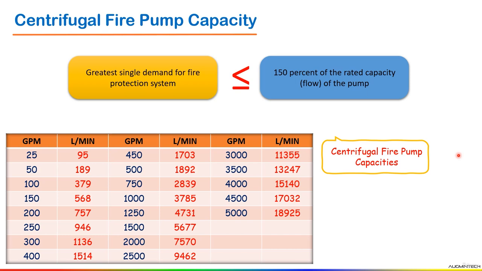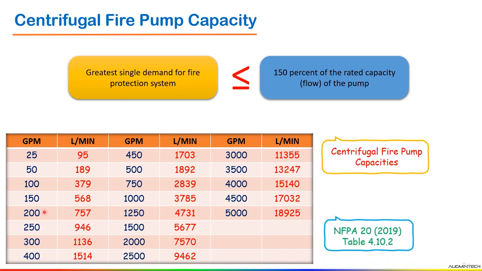Okay, not less than 40 psi. While calculating the capacity of the centrifugal pump, we have to remember this point: rated at net pressure of 40 psi or more, not less than 40 psi. And capacity, as per our requirement you have to select the capacity.